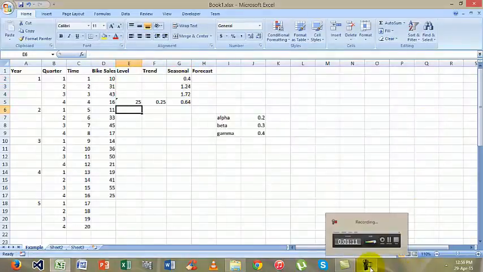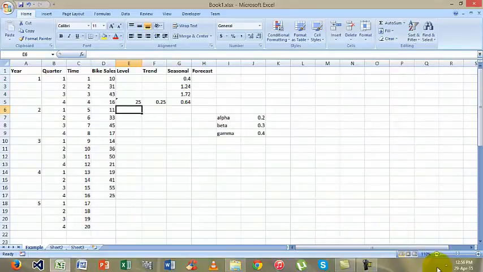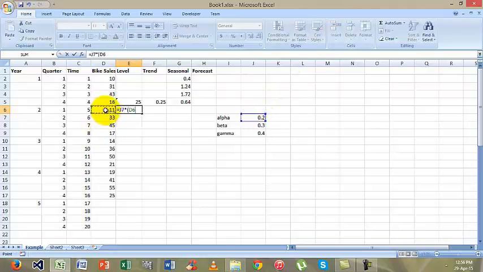We will now use the formulae to forecast our data. Level will be alpha multiplied by actual series in time 5 minus seasonal data in time 1, plus 1 minus alpha multiplied by the previous level plus the previous trend.